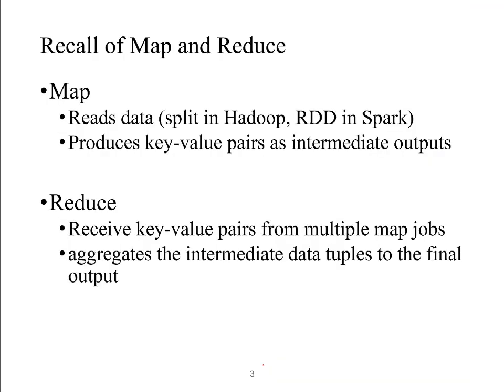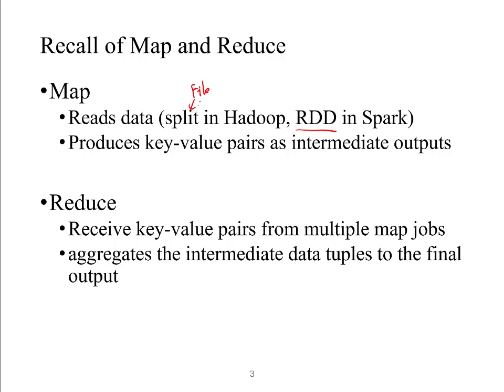All right. And recall the concept of map and reduce. So map reads data and produces key value pairs as intermediate outputs. The data here in Spark is an RDD. In Hadoop it is a file that is split into several splits or blocks.